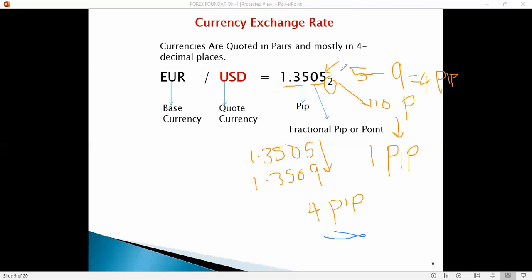If you want to base your calculation on pips alone, you want to start from the 4th decimal place, from the 5. I hope this is clear.